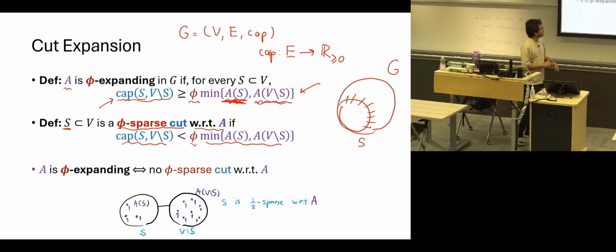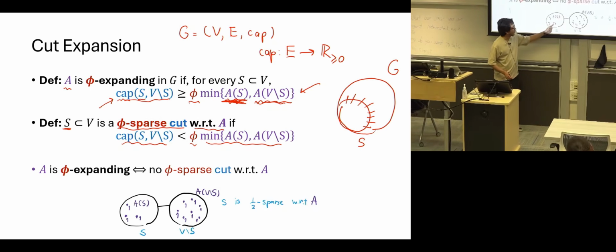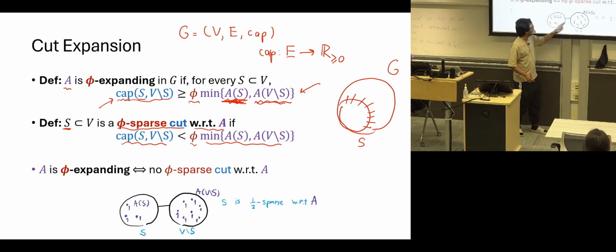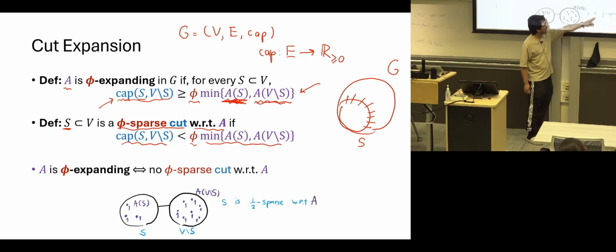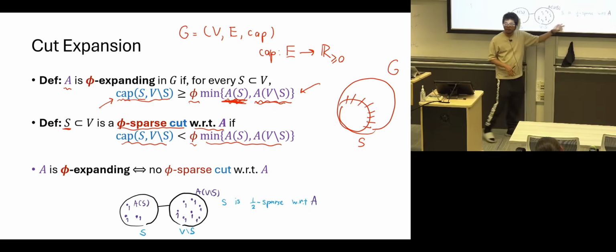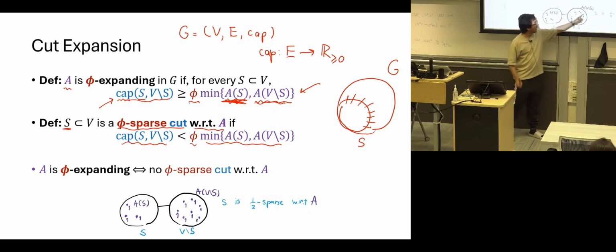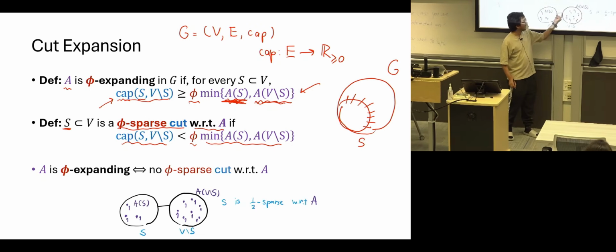So let me give you an example. Suppose that A is an indicator vector of this set of nodes, like I put number 1 on these nodes. Then if you look at this cut S, it is going to be 1/2 sparse, actually a bit less than 1/2. Why? Because the size of A here is like 3, the size of A here is more than 3, but the cut size here is just 1.